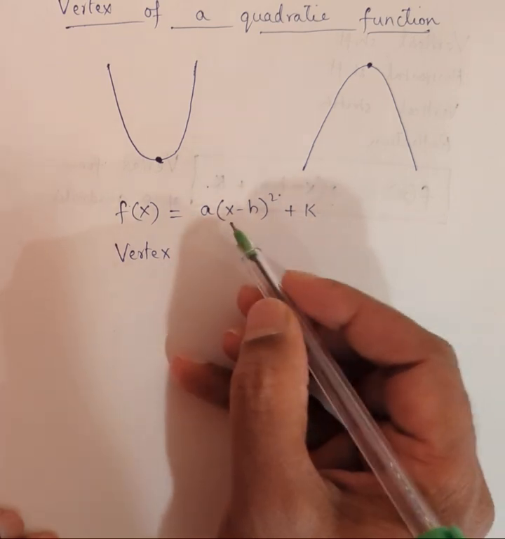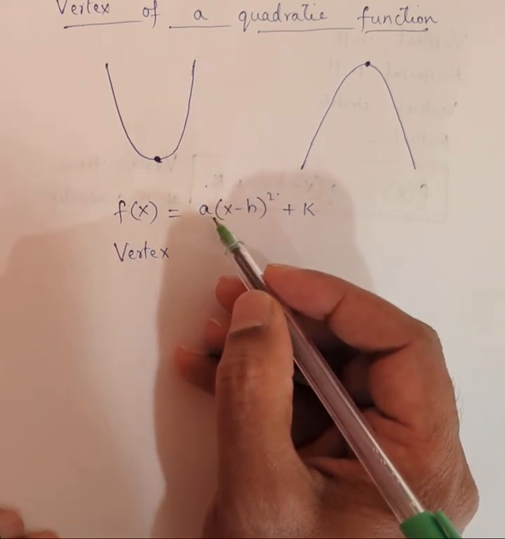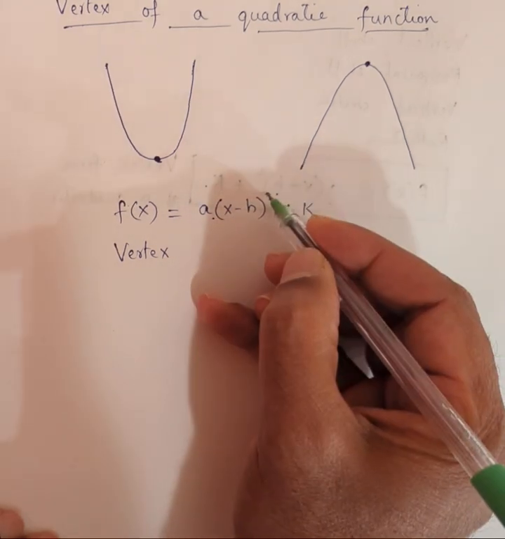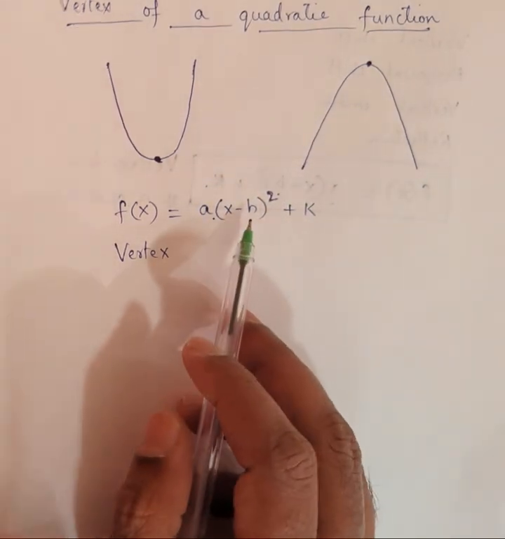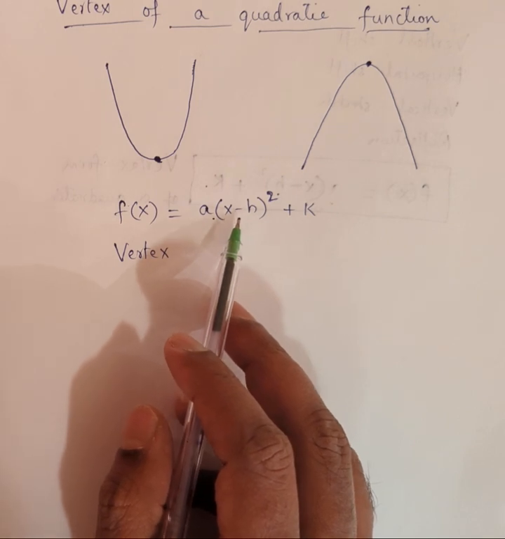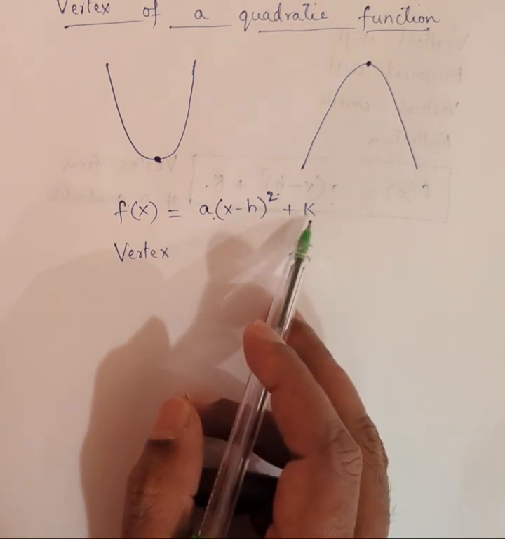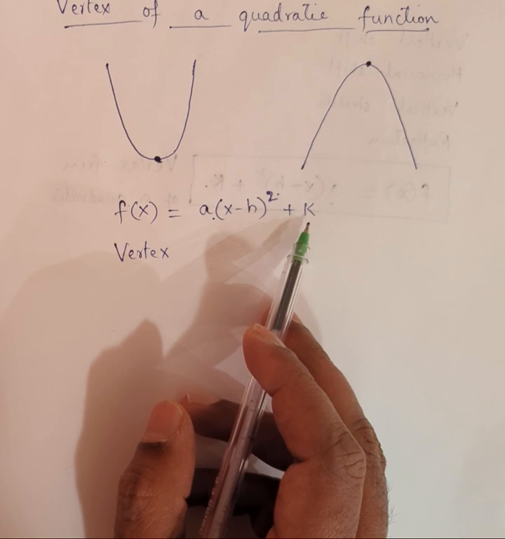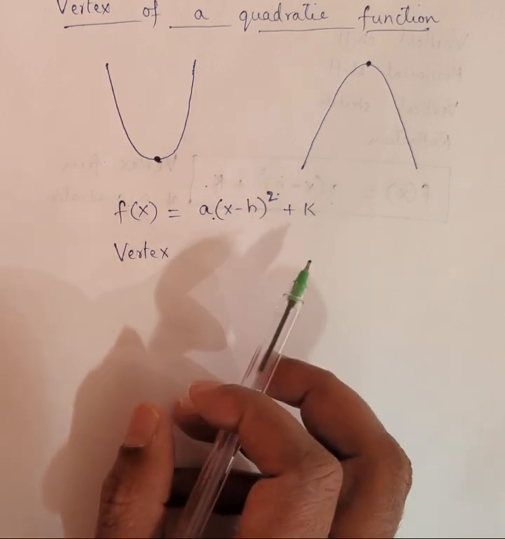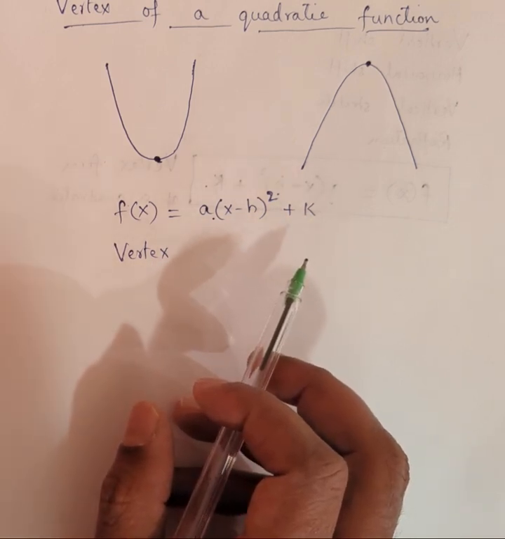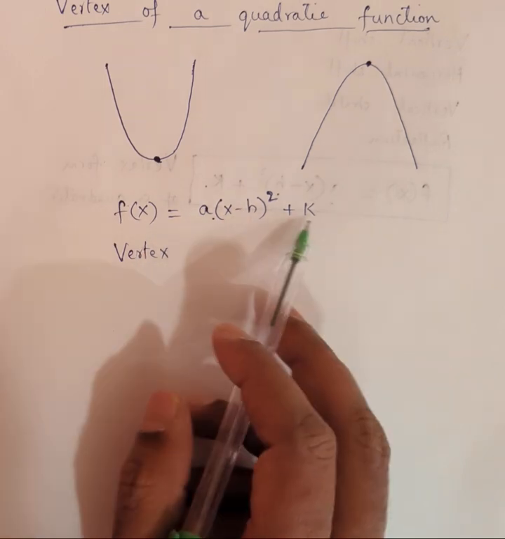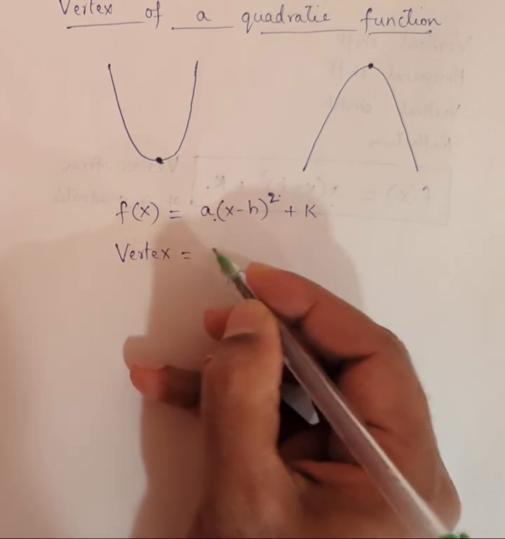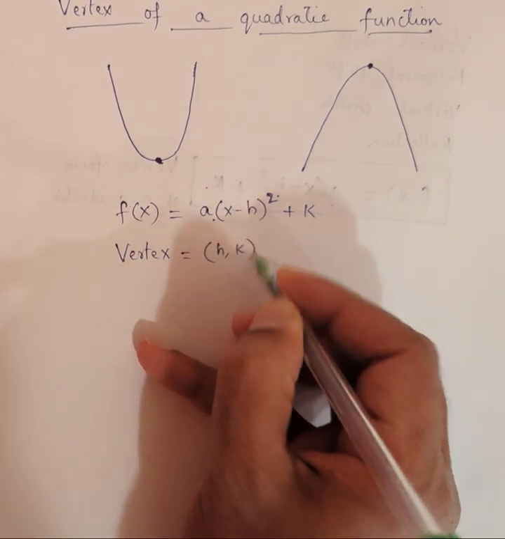So if your function is a times (x minus h) quantity squared plus k, then you can see that there is a right shift of h units and an upward shift of k on the basic quadratic function, which is x squared. And x squared's vertex is at the origin. So this vertex happens to be at (h, k).